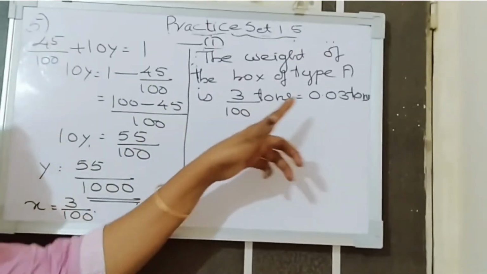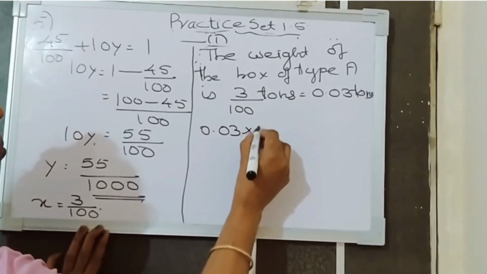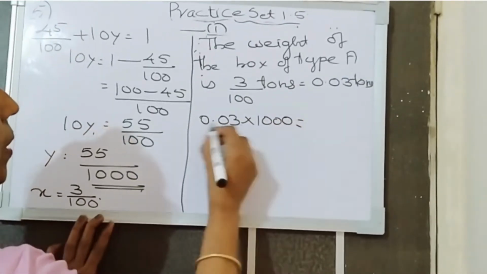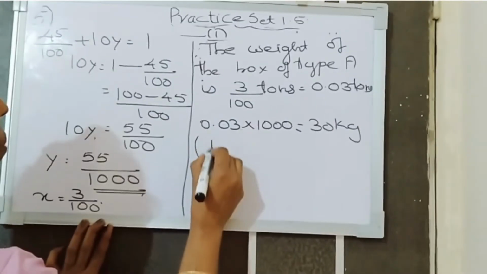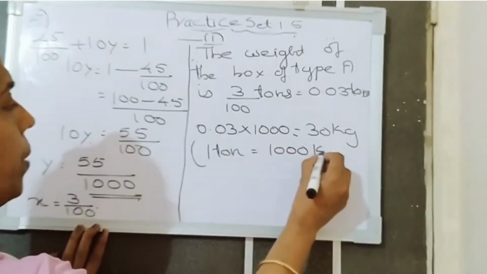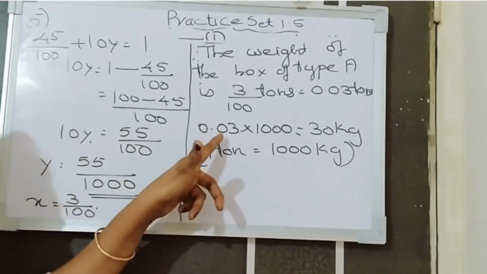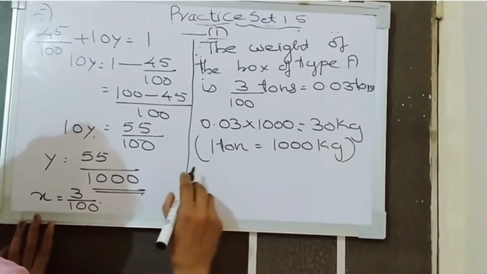This we convert into kilograms: 0.03 into 1000, that is equal to 30 kilograms. That means 1 ton is equal to 1000 kilograms. That is why 0.03 tons multiplied by 1000 is 30 kilograms.